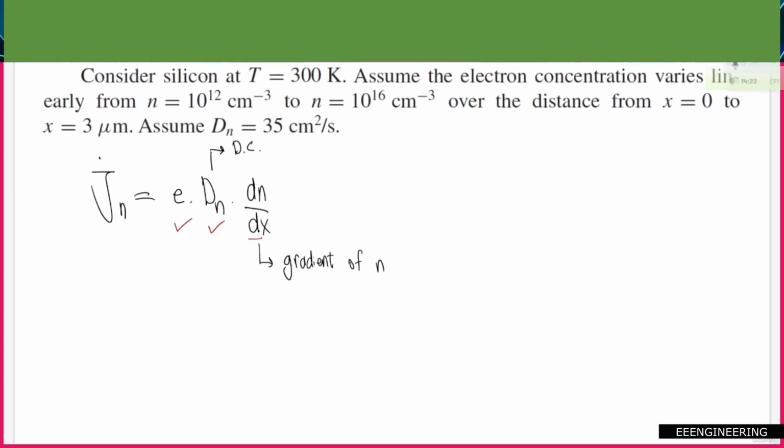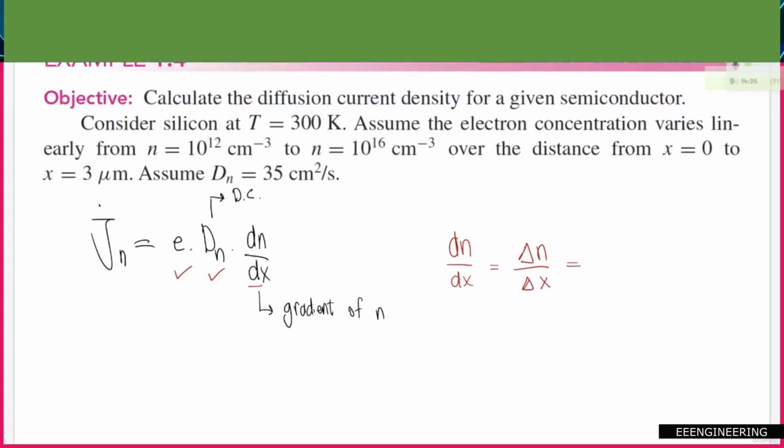So let me calculate that. dn over dx is basically equal to the change in n, which is concentration, over the change in position. In that case, the change in concentration occurs from 10^12 to 10^16, right? And the distance change occurs from 0 to 3 micrometer, which is going to be 3 times 10^-6.